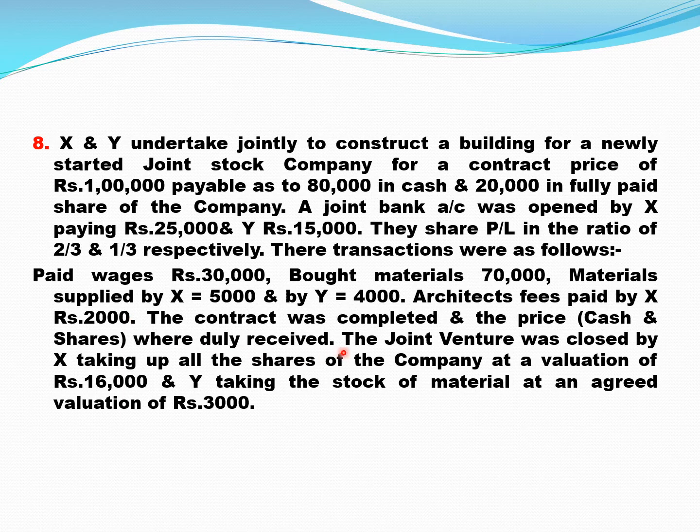The contract was completed and the price, both cash and shares, was duly received. That means 1 lakh is the total contract value, which is simply called sales. The joint venture was closed by X taking up all the shares of the company at a valuation of 16,000. So X took shares of rupees 16,000.